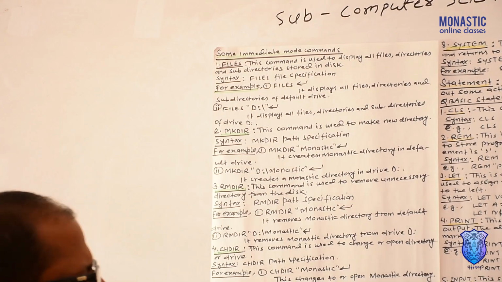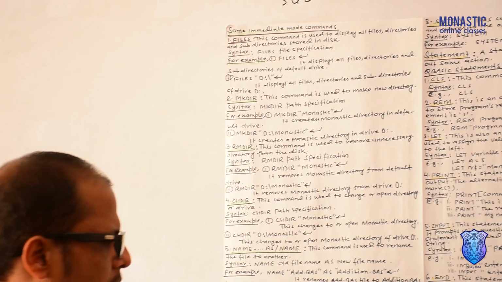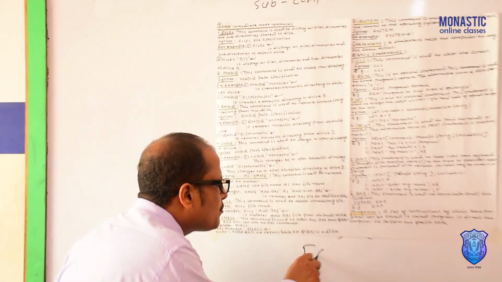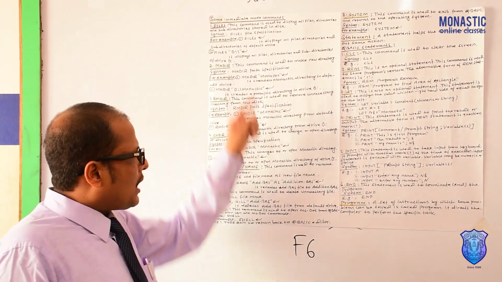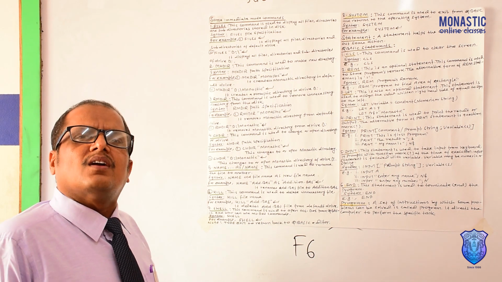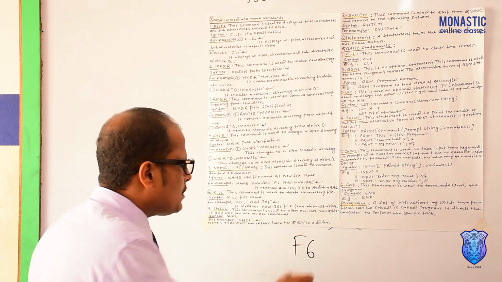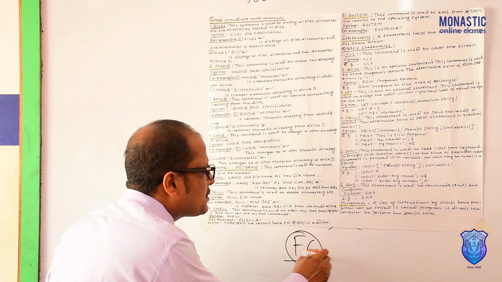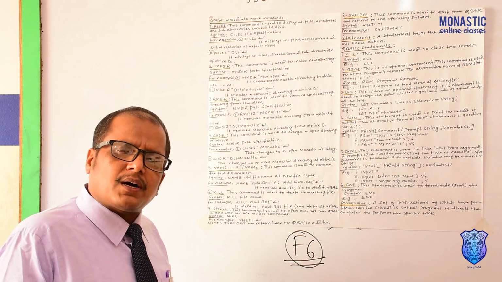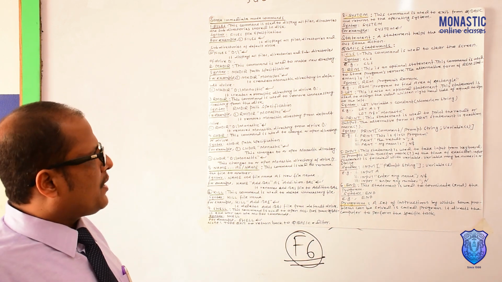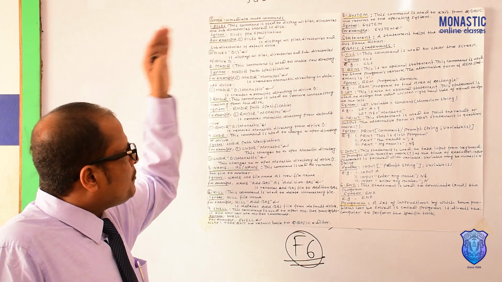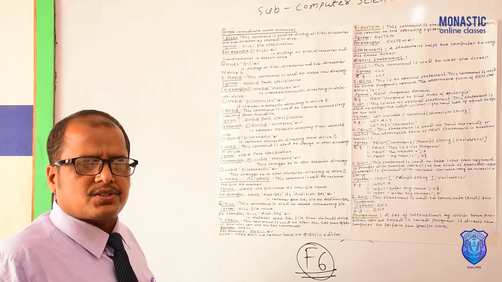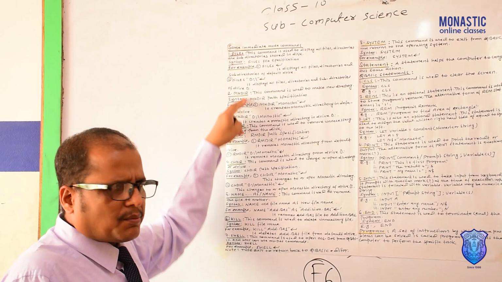To go to immediate mode, we press the F6 function key on the keyboard. After completing the task, we press the same F6 key again. Now let me discuss the different immediate mode commands.